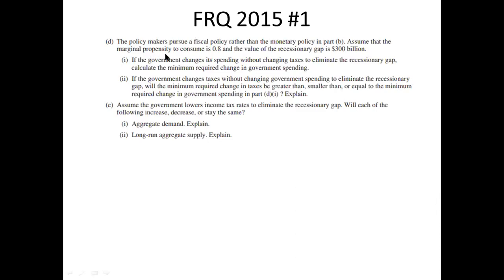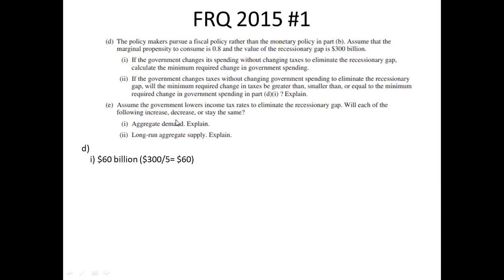That's where we need our marginal propensity to consume, or MPC. So, using our MPC, we find our multiplier. The multiplier is 1 divided by the MPS. Well, they don't give me the MPS. Okay, well, the MPS is 1 minus the MPC.